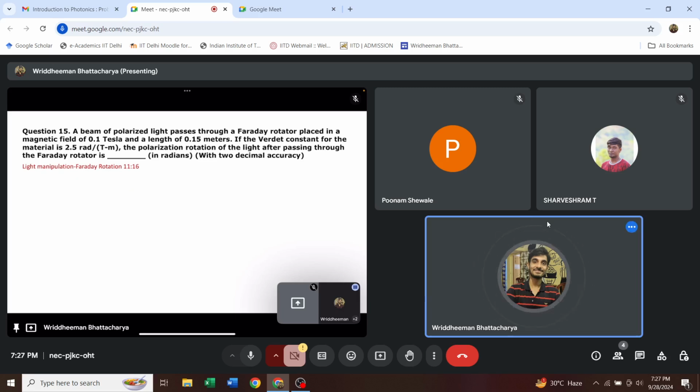So we get theta equals V multiplied by B multiplied by L, which gives us 0.04 radians, right? This is the formula basically, and this is the answer. So we'll get 0.04 radians, right?